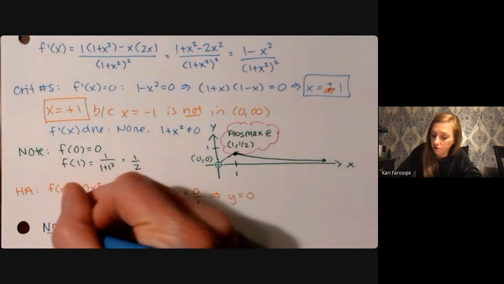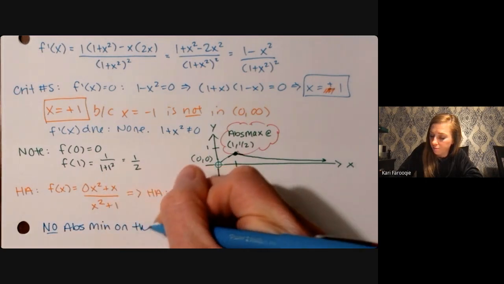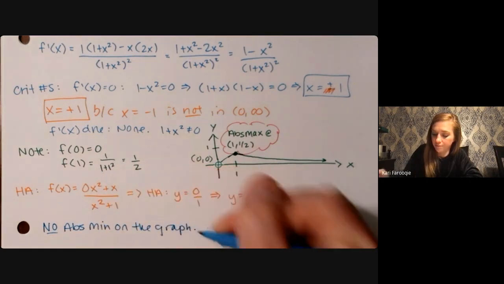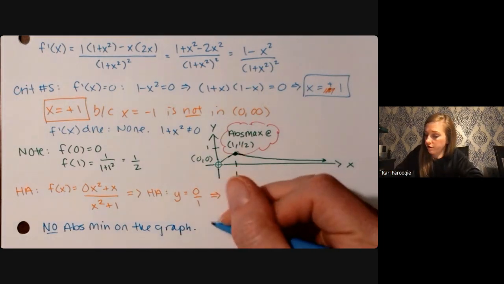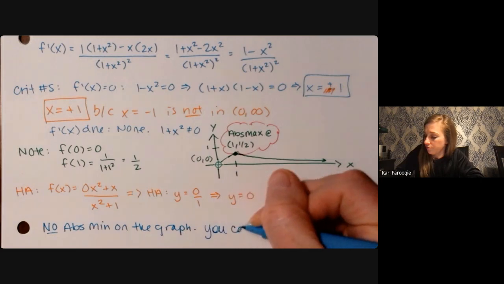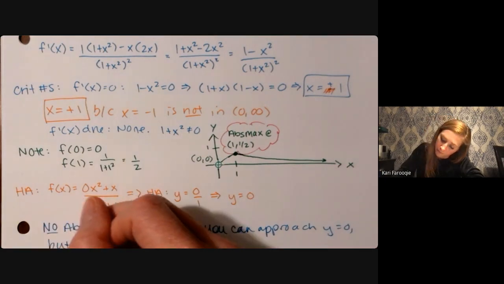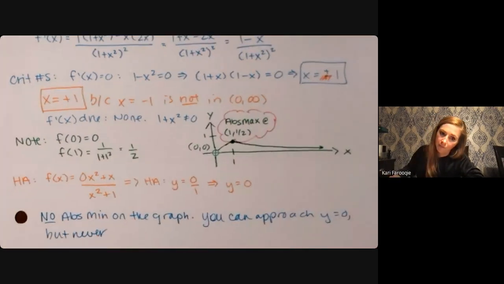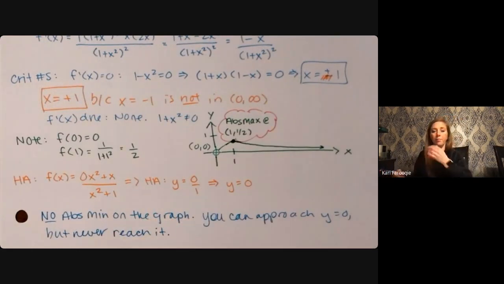So we're going to say that we have no absolute minimum on the graph. You can approach y equals 0, but never touch. So it's a really good problem.